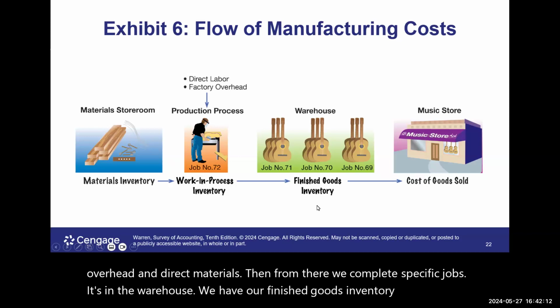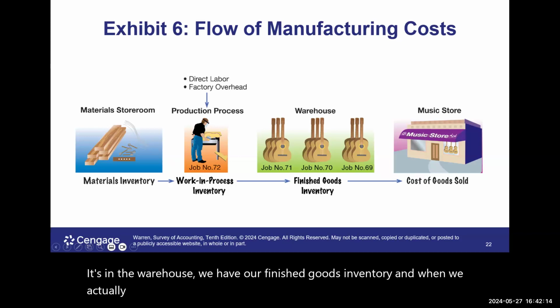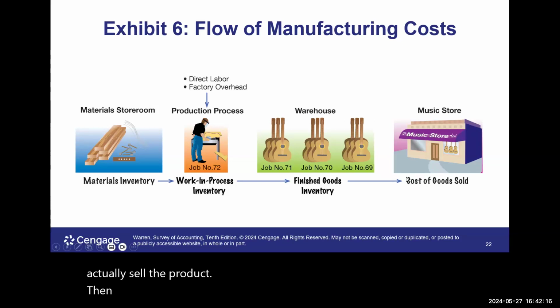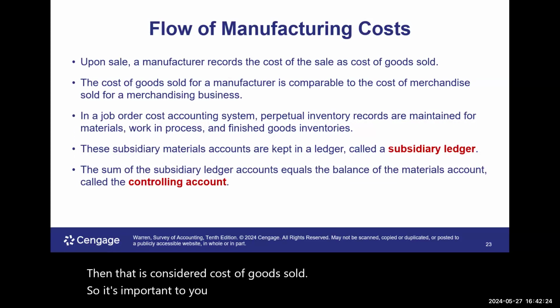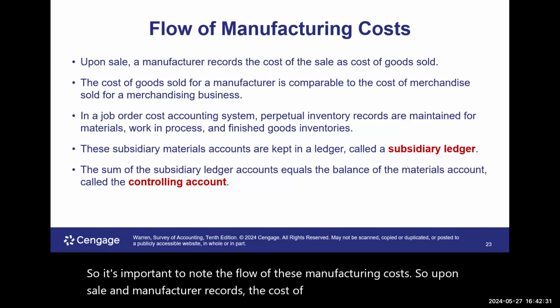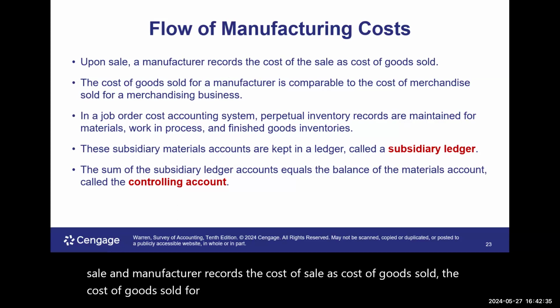And when we actually sell the product, then that is considered cost of goods sold. So it's important to note the flow of these manufacturing costs. Upon sale, a manufacturer records the cost of sale as cost of goods sold. The cost of goods sold for a manufacturer is comparable to the cost of merchandise sold for a merchandising business.